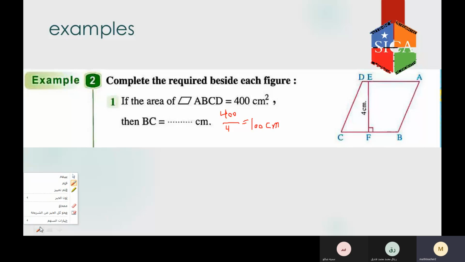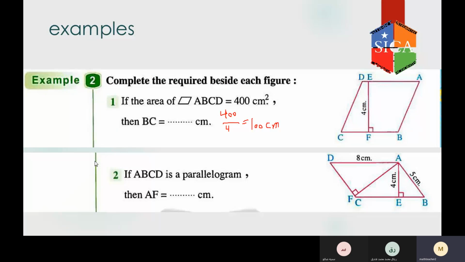Then if we need to know the length of the base, we divide the area by the corresponding height. If we need the height, we divide the area of the parallelogram by the corresponding base.